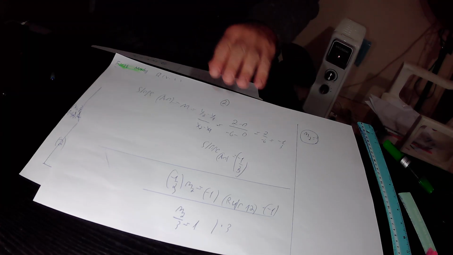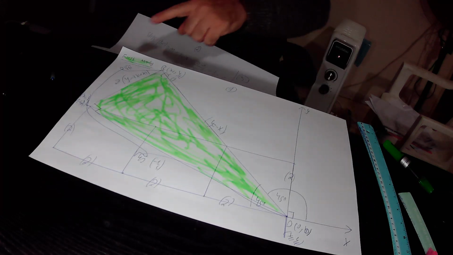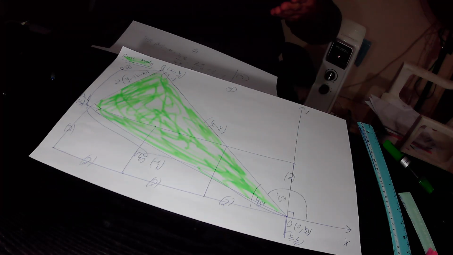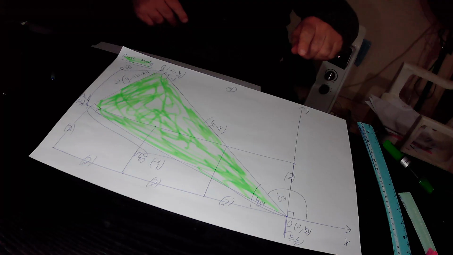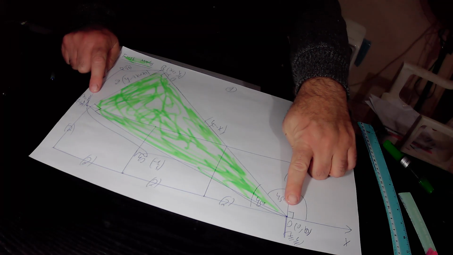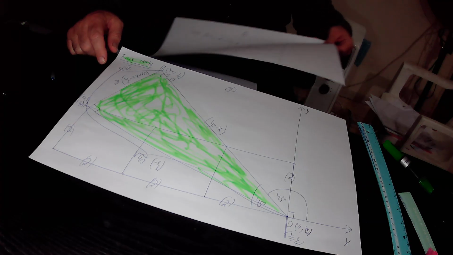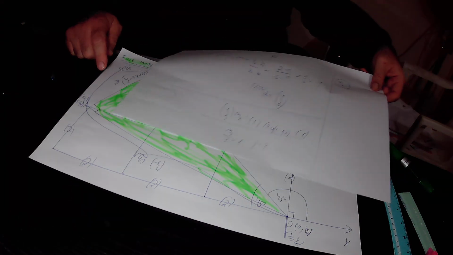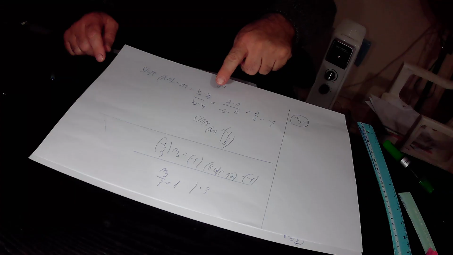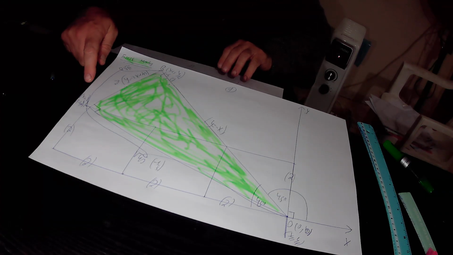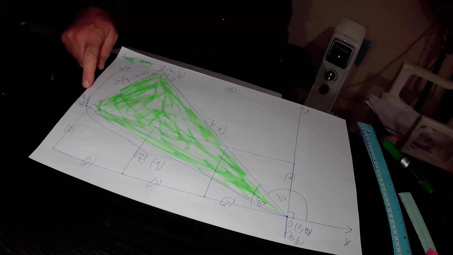So the slope of this straight line AO will be calculated according to those two known points A and O. The slope m of this straight line AO equals y2 minus y1 over x2 minus x1. We define the x coordinate of this point A as x2 and the y coordinate as y2.